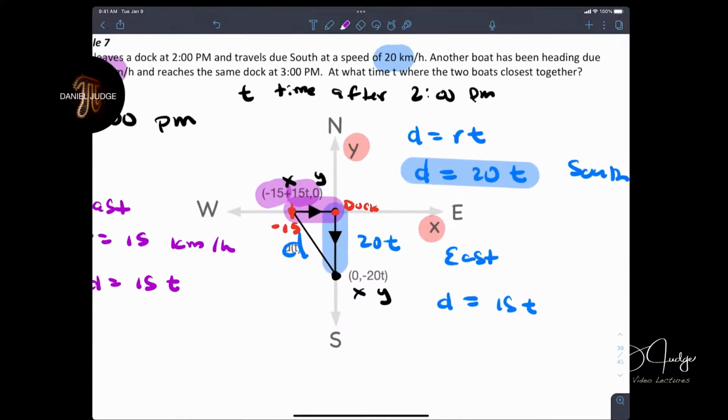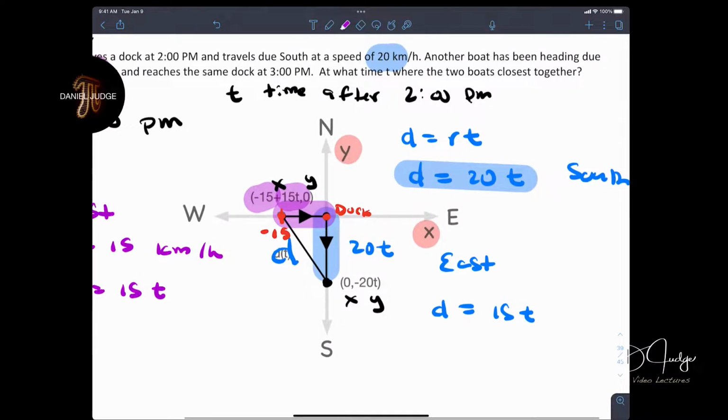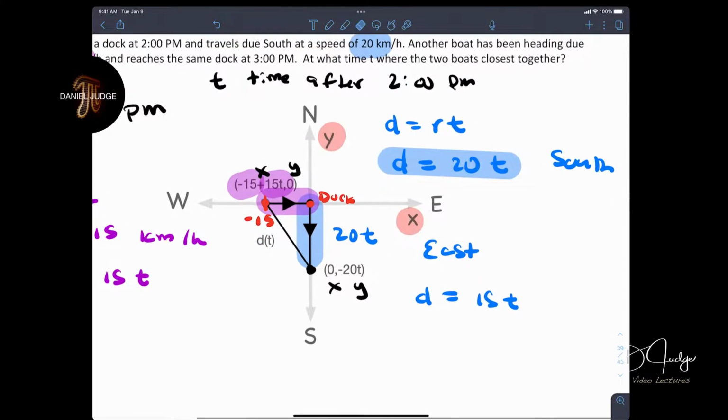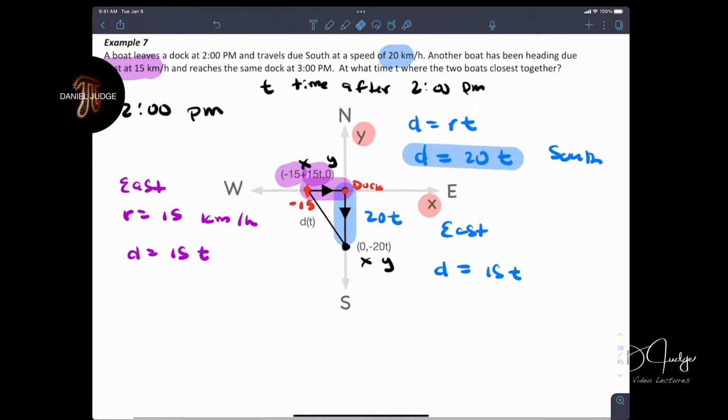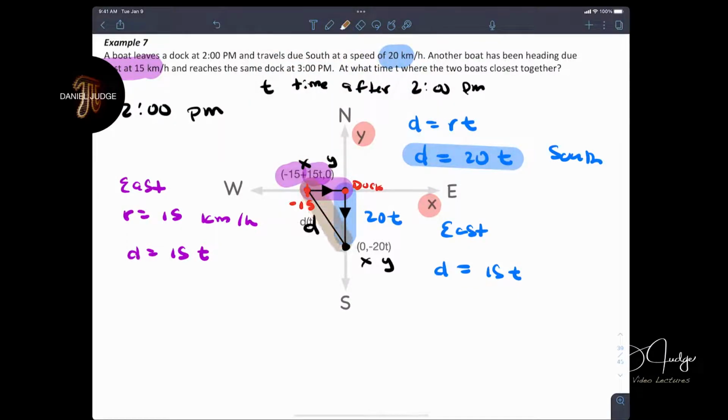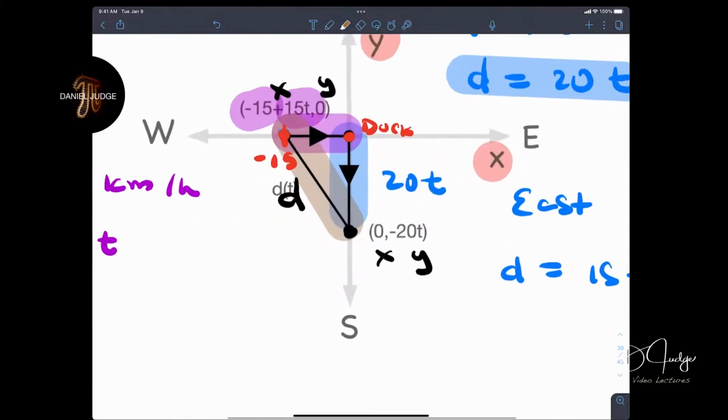So what they're going to say now is, at what time t are the two boats closest together? Now, what I wrote earlier today, the distance between the two boats is right in here. This is the distance. It's this horizontal line. Sorry, diagonal line. That's the distance between the two boats.